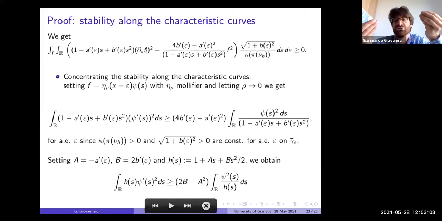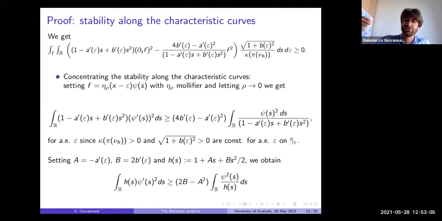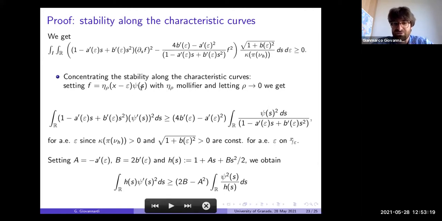But now we want to concentrate the stability condition on the straight line. And so to concentrate the stability condition, we have to consider a specific test function that is the product between a test function phi with the parameter s, and a bump function with respect to the parameter epsilon.